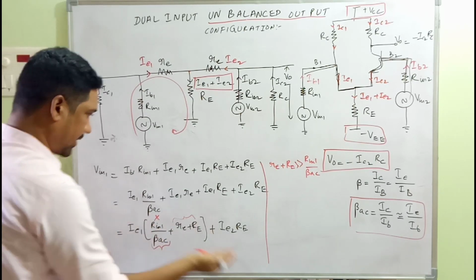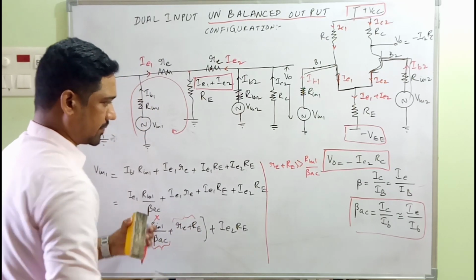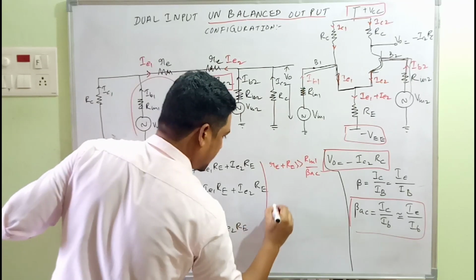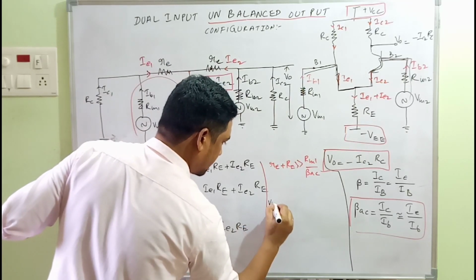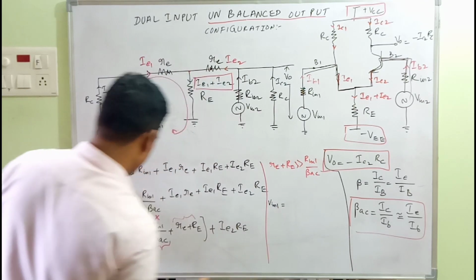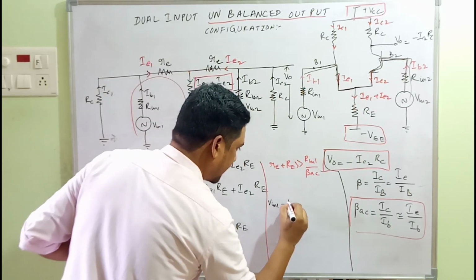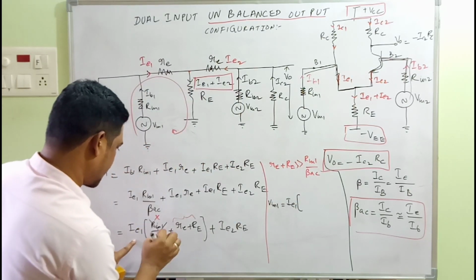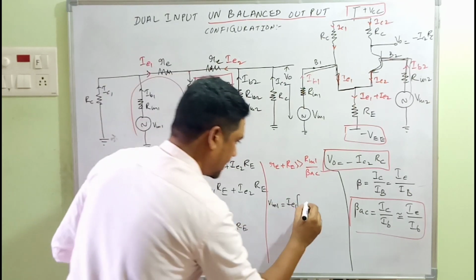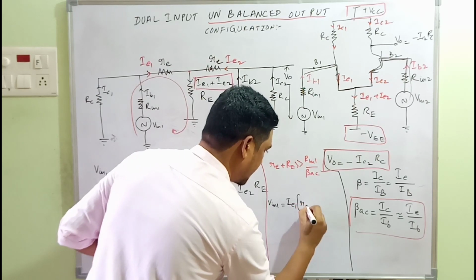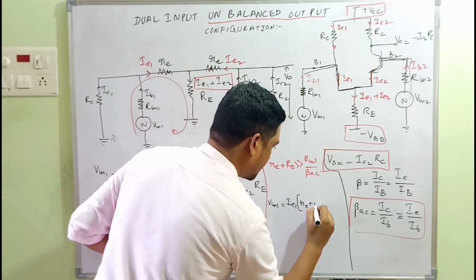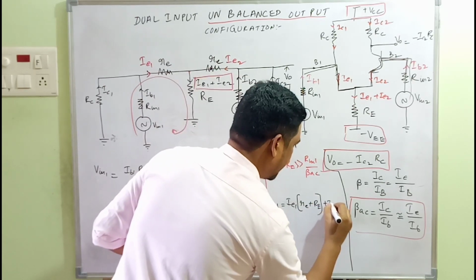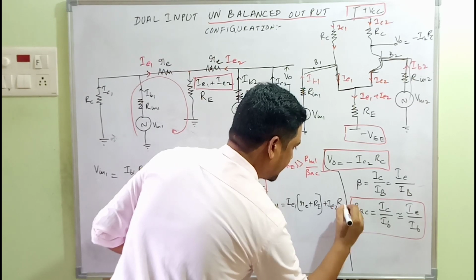And simplifying that, I'll be writing over here, don't get confused. Vin1 will be equal to IE1 into, we can neglect this one, this is very small when compared to this combination, so we'll consider only RE plus RE, plus IE2 RE.